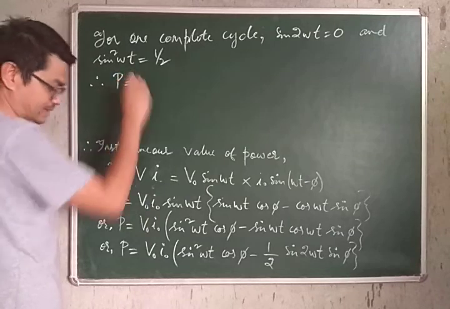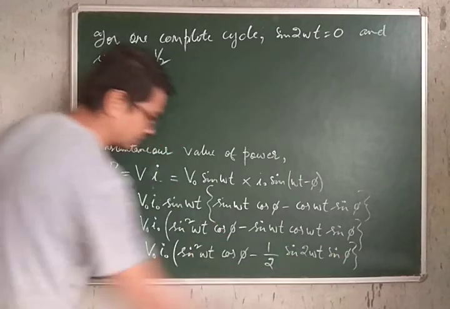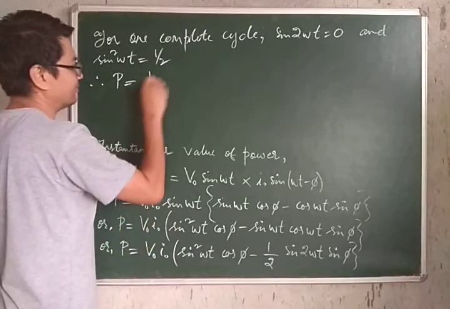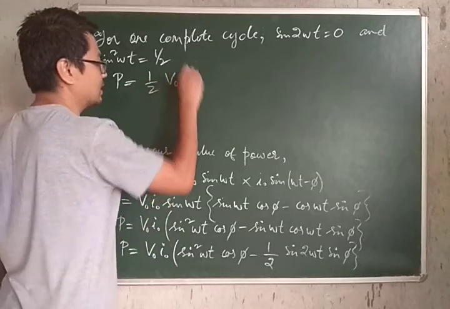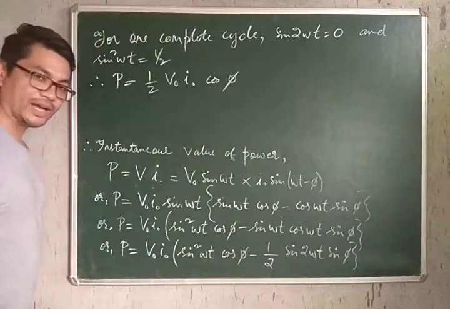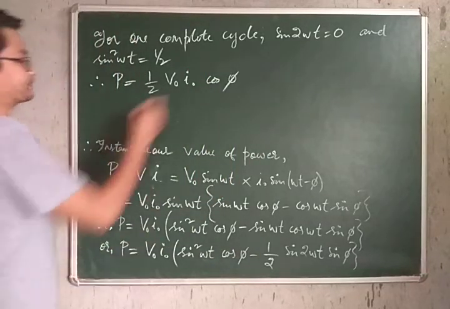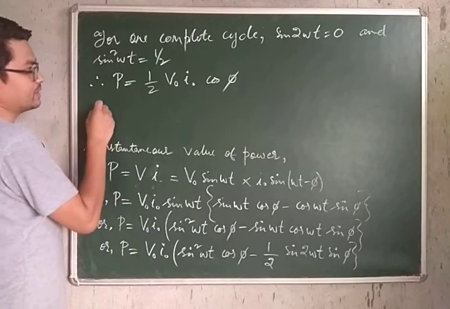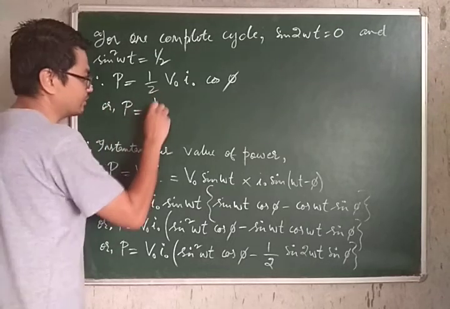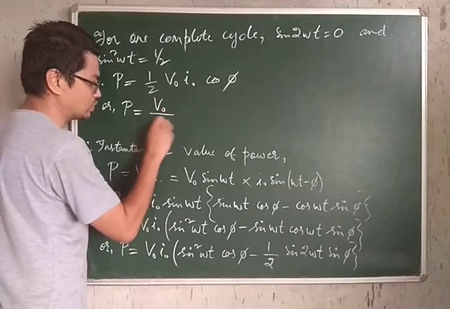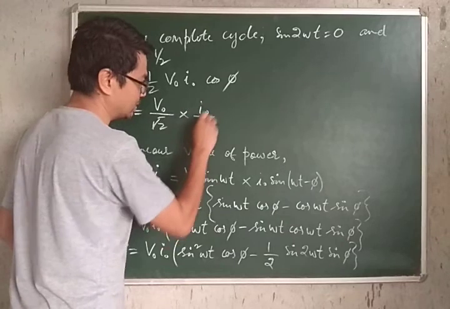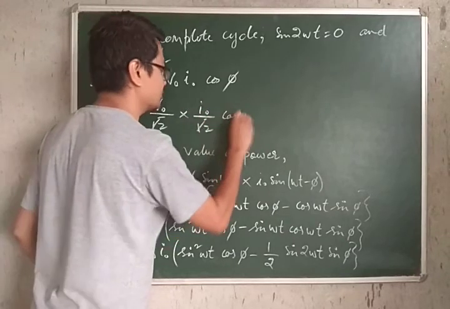So power is equal to, this whole term is 0 like we've already discussed. So this is half. So I can write half V naught I naught into cos of phi. Alright? Which can be rewritten as, P is V naught by root 2 into I naught by root 2 into cos phi.